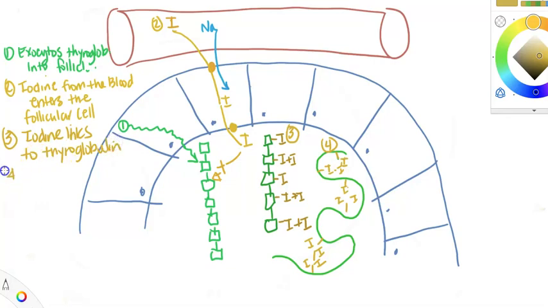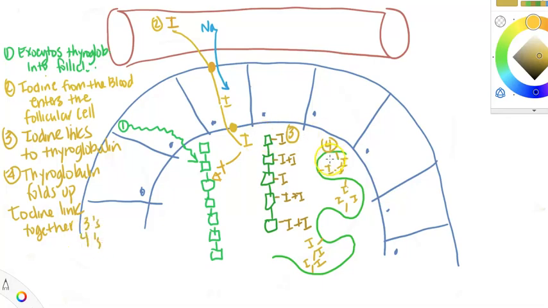And then 4, the thyroglobulin folds up, and the iodines link together in 3s and 4s.